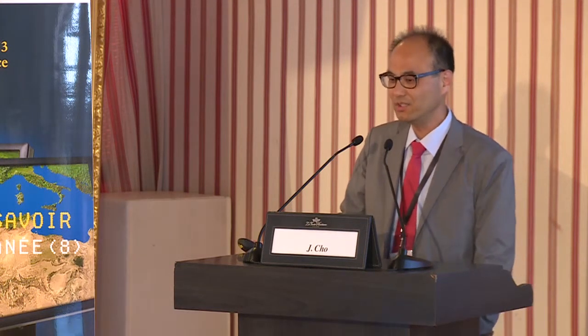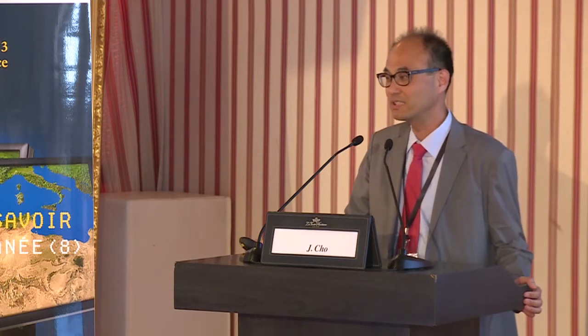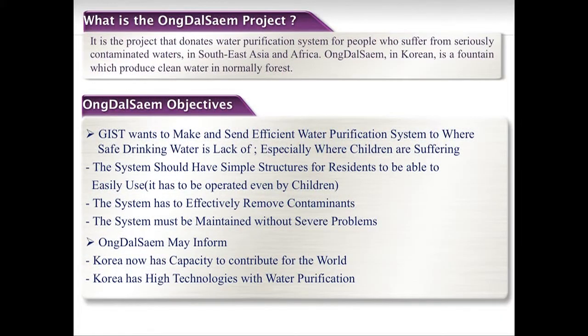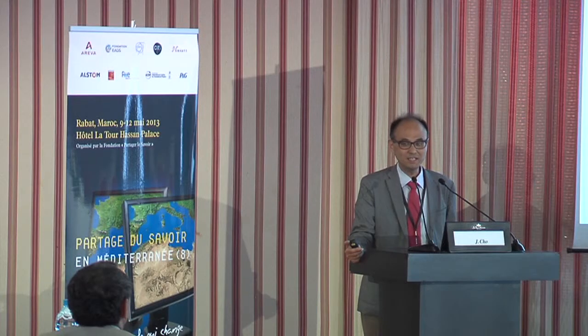Another Catholic priest and missionary called us to make another one so that they can bring this type of small purification system to Kenya. When we asked them to send water to us to measure water quality, we found the water in Kenya was contaminated with nitrate and especially mercury.